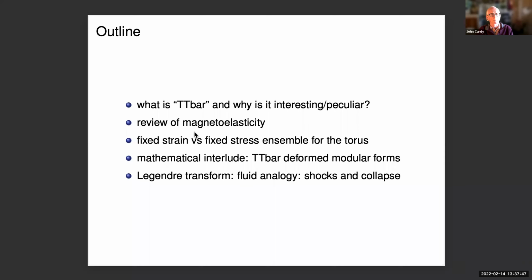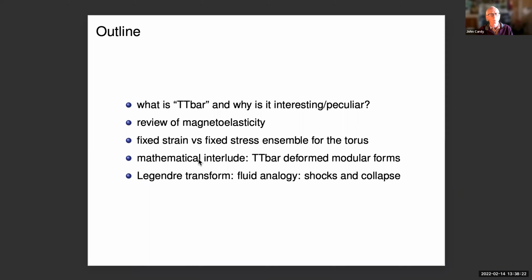And then I will talk about how we relate the fixed strain ensemble to the fixed stress ensemble. It turns out that from this point of view, most of the previous work has been done in the fixed strain ensemble, where the equations are relatively complicated. And if you look at them in the fixed stress ensemble, they're much simpler. So I will explain that.